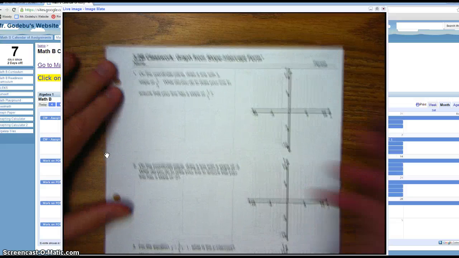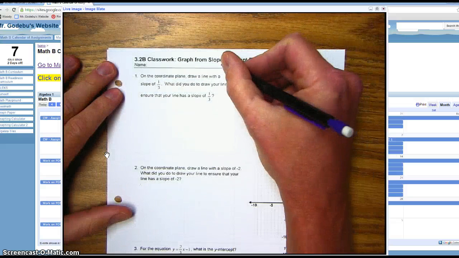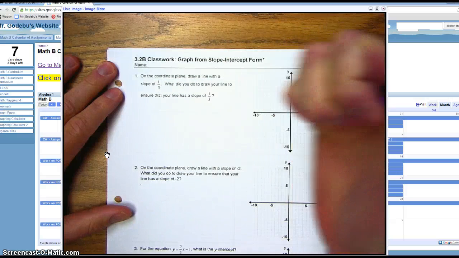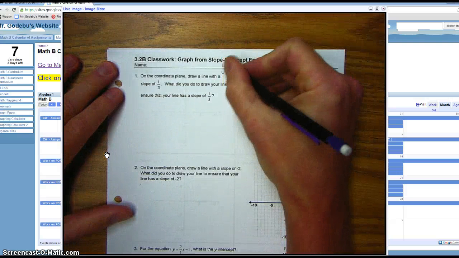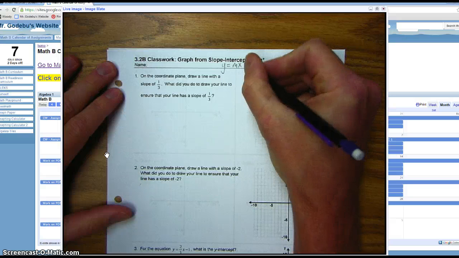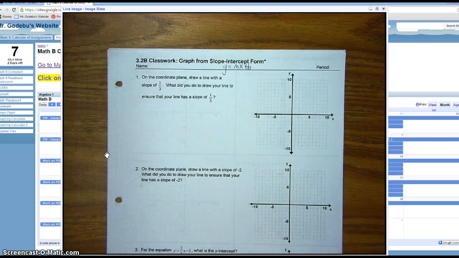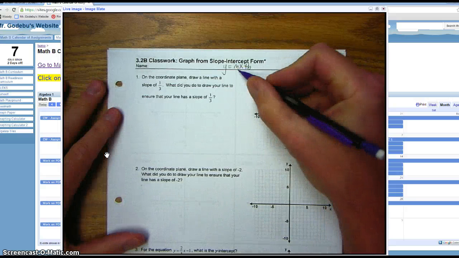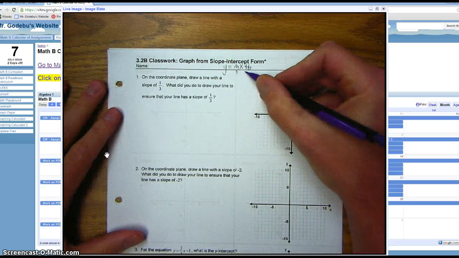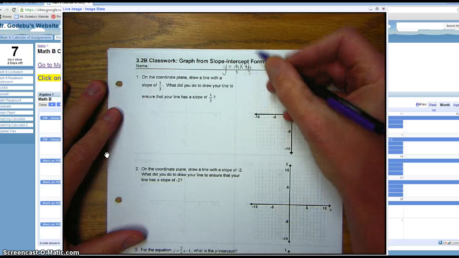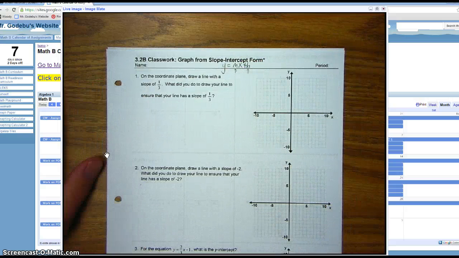Alright, so slope-intercept form. What does y equals mx plus b stand for? No, not your mama's ex-boyfriend. It stands for y equals the slope times x plus the y-intercept, hence the name slope-intercept form.